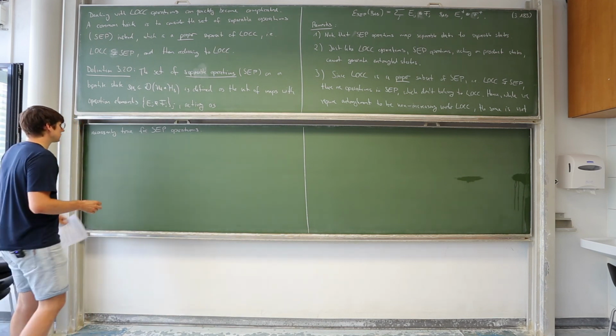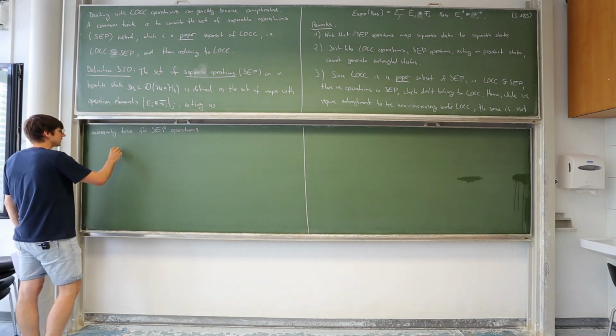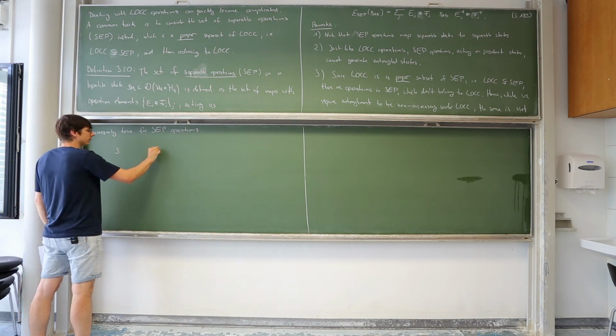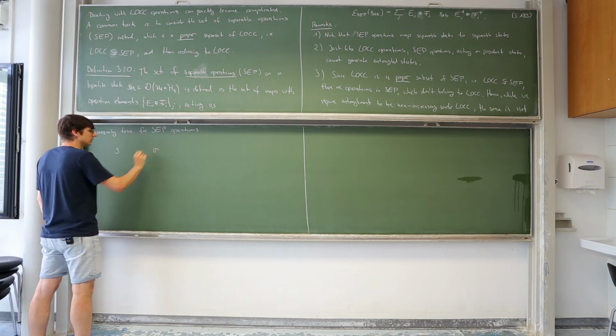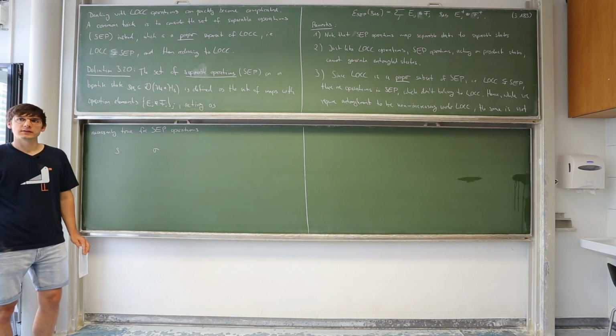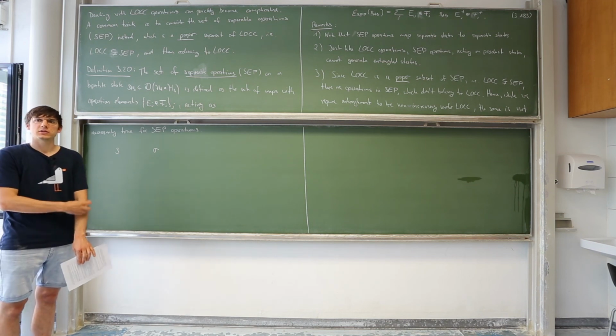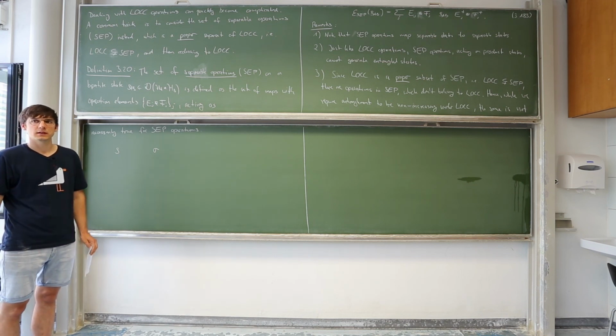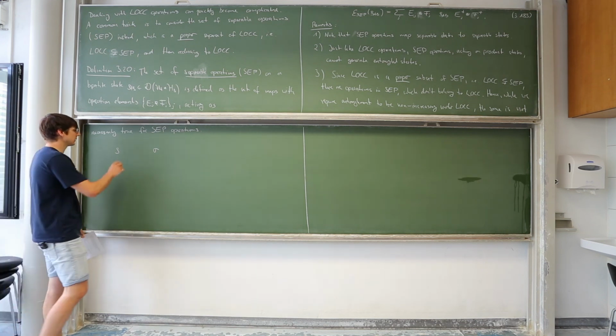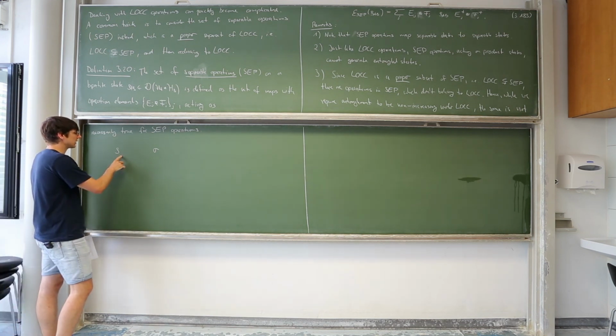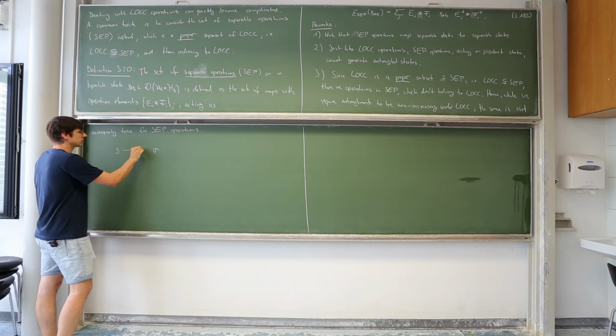Okay? So suppose that we have two states, rho and sigma, and we now know that under LOCC operations we cannot generate entanglement, right? So we now ask, under which conditions can I transform rho into sigma via LOCC?